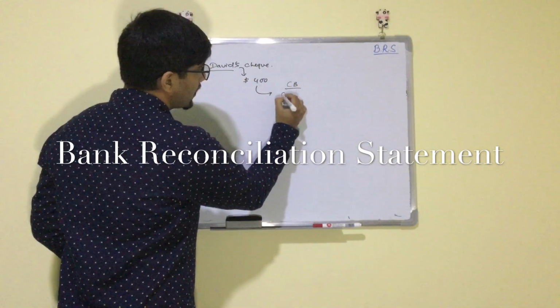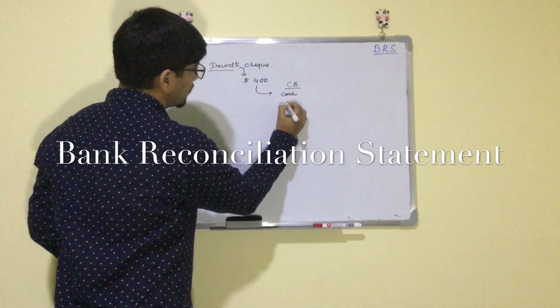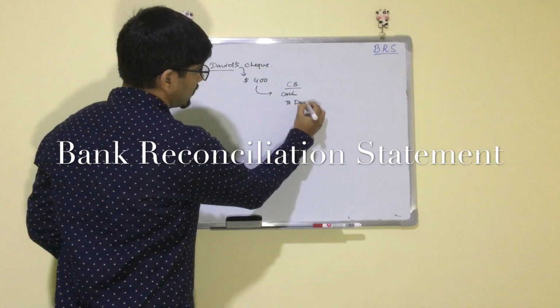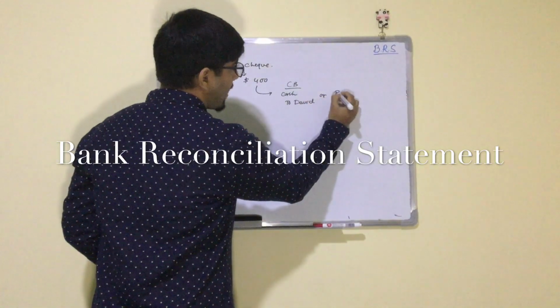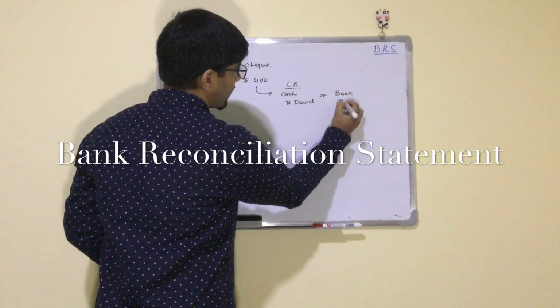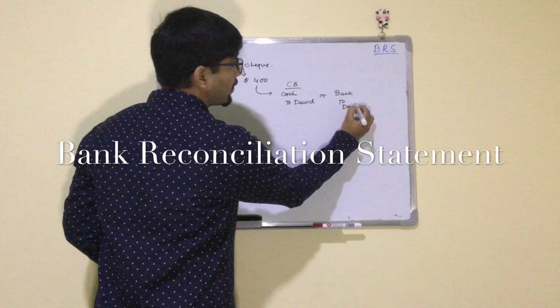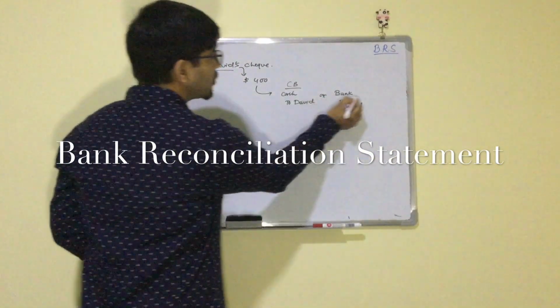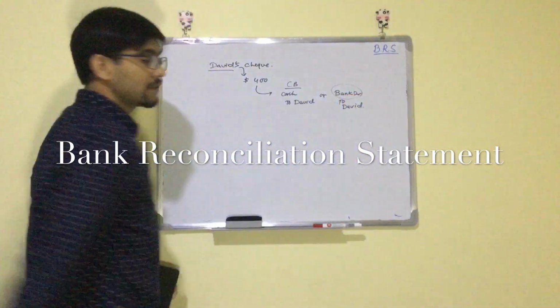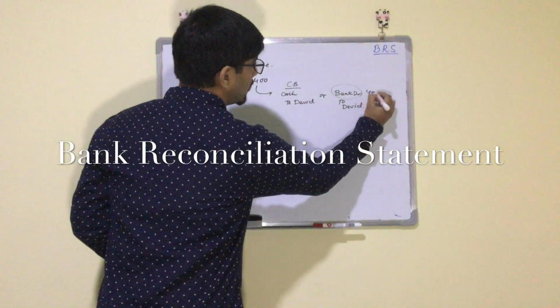The entry will be cash, or say bank, to debit, if we deposit it on the very same day. So we have increased our bank balance. This is debit by $400.